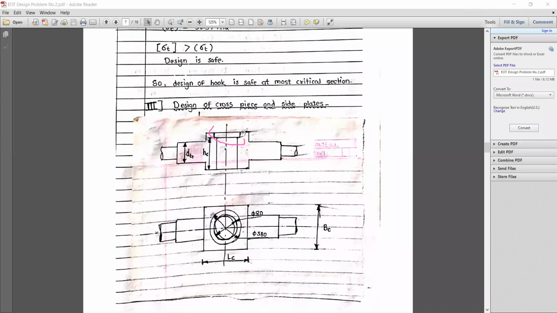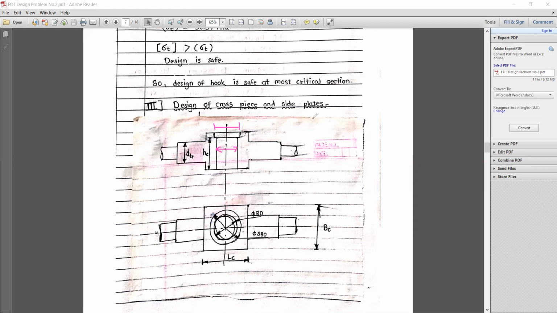In this region, the hook bearing is going to be mounted, and the hook upper portion is going to be mounted here. It is purely designed for bending stresses, and the diameter over here should be the diameter of the bearing, and this diameter is nothing but the hook diameter.